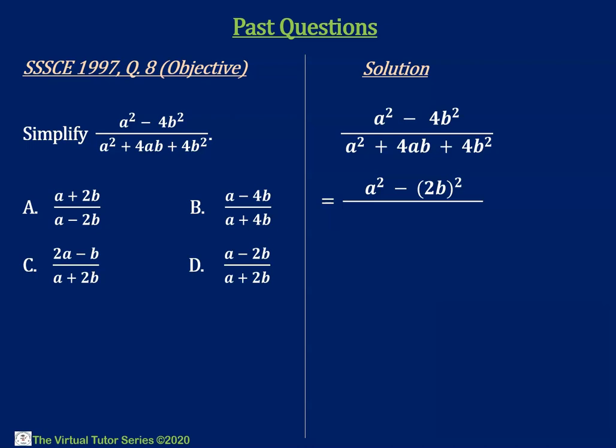The product of 1 and 4 is 4, and 2 factors of 4 which will sum up to the coefficient of ab, or 4, are 2 and 2. Therefore, the factors of the denominator are (a + 2b)(a + 2b).